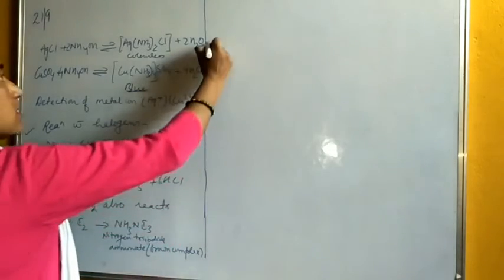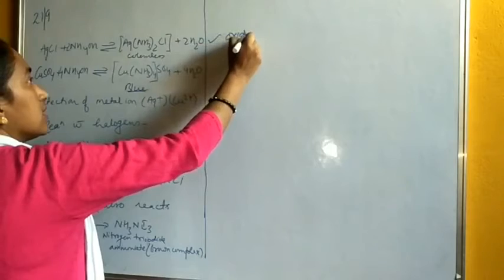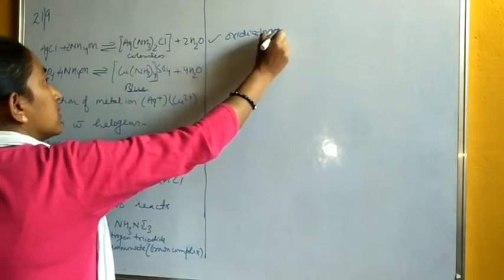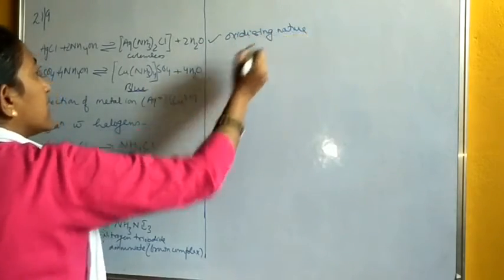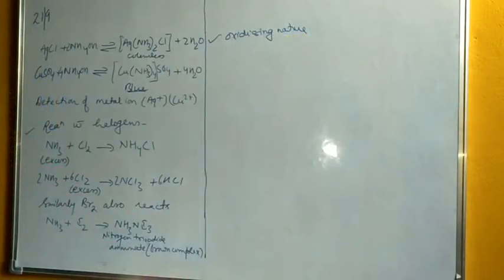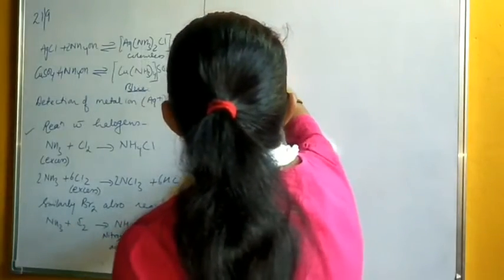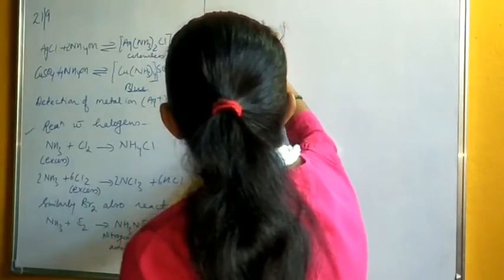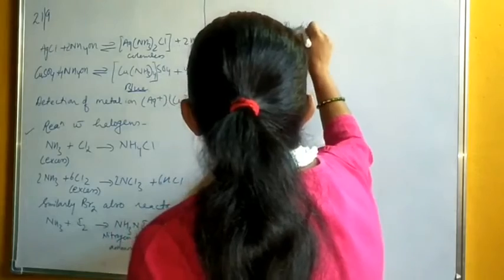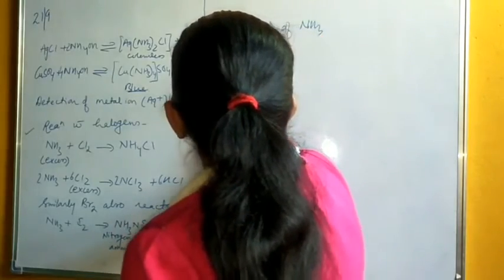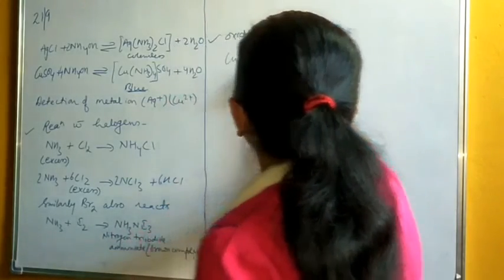Now the next reaction is the oxidizing nature. We can say that the ammonia will undergo the oxidation. So here it is the oxidation of ammonia which will take place. So it is copper oxide plus NH3.